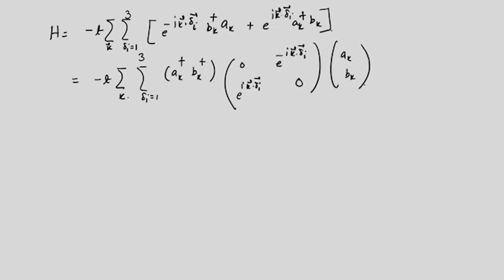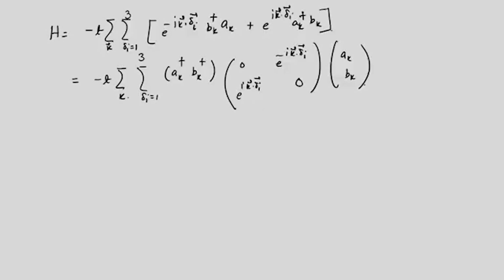Okay. Now, you see that there is no term that contains a k dagger a k, because there is no hopping from an a atom to an a atom. So, the hopping is between an a atom and a b atom, because we are talking about the nearest neighbor tight binding model. Similarly, there is no term which is b k dagger b k. That is why this matrix in the middle, sandwiched between the row vector and the column vector, does not have any diagonal elements, but it only has off diagonal elements.